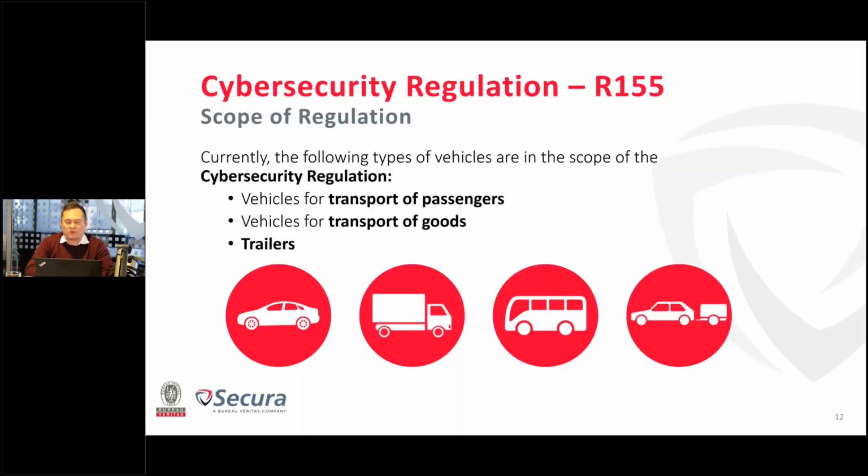And starting with the scope of the regulation, of course, very important, because that will define the groups of vehicle manufacturers which are, at least in the first instance, affected by this regulation, so which will have to become compliant with the regulation.